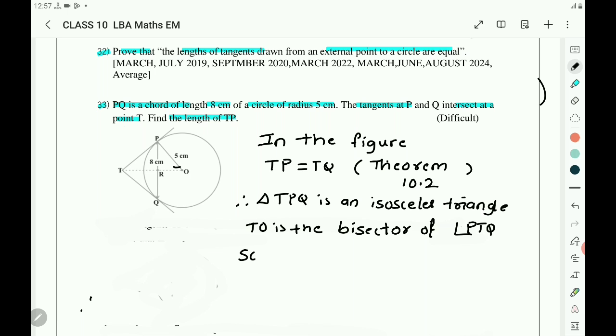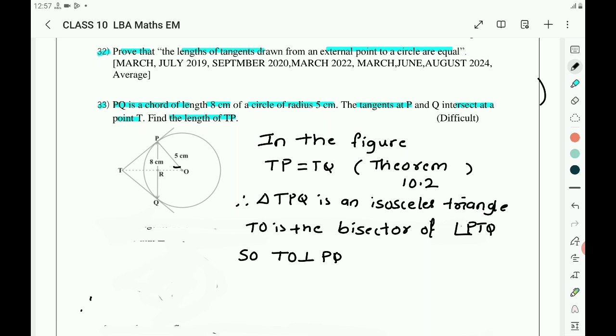So you can take TR perpendicular to PQ. TR is nothing but the part of TO. So you write TO perpendicular to PQ. PQ is a chord and TO is perpendicular to PQ, which means TO must bisect PQ.